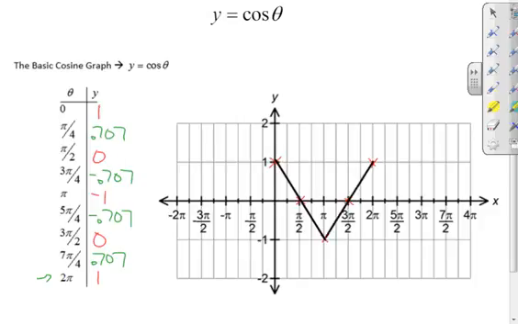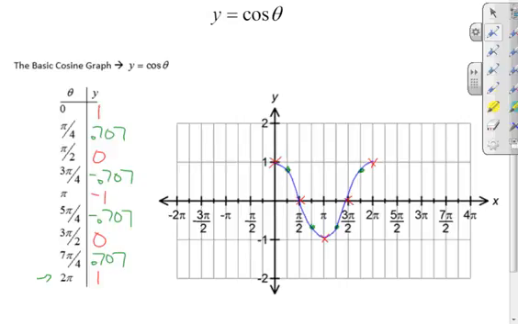Sine waves are called waves for a reason, and cosine waves are called waves for a reason. Now you see too, if you add these additional points in, pi quarters 0.707, and then 3 pi quarters negative 0.707, and then 5 pi quarters the same, and 7 pi quarters 0.707, you get, again, more of a contoured wave, which is a pretty neat curve.